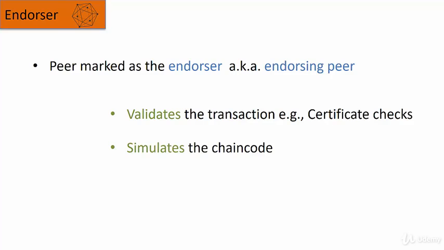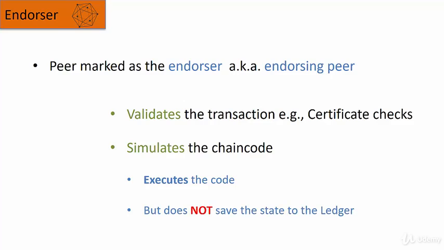What that means is that the endorsing peer executes the chain code. Now, after the execution, it does not save the state of the chain code back to the blockchain, as it is simply simulating the chain code. And you will understand much better how this process works as part of the transaction flow.